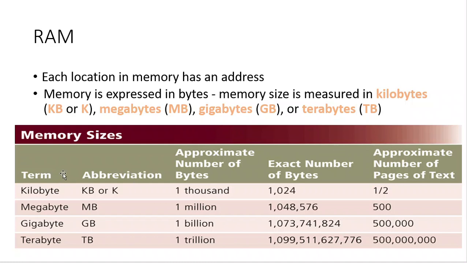So we try to look at the term kilobyte, megabyte, gigabyte, terabyte. Okay. So kalau you tengok nombor di sini, dia bukan kata 1000, tapi dia 1024. Kenapa 1024? Okay, sebab 1 kilobyte adalah 10 kuasa 3.